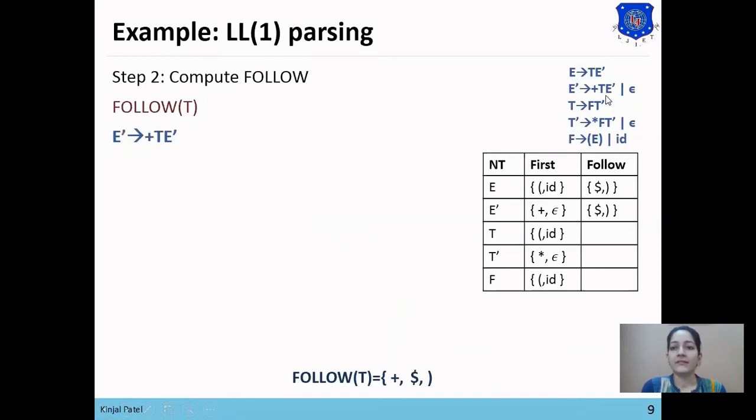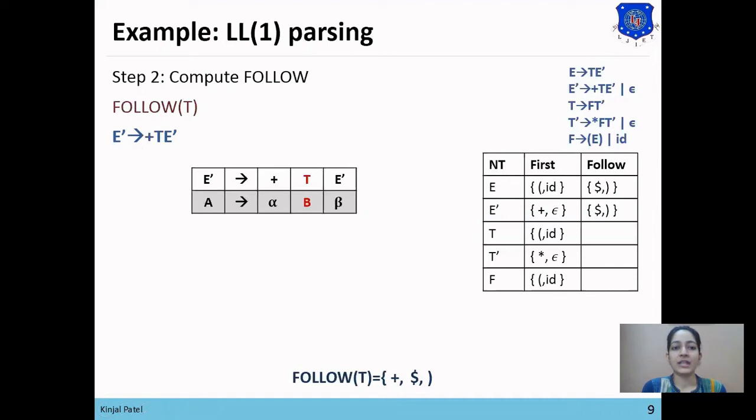Now we will check for the second statement where T is present, E dash produce plus T dash. So we'll compare this with the statement of our rule. So E dash produce plus T dash matches the statement A produce alpha B beta. So we'll apply rule number 2, which says that if beta is non-terminal, then first of beta will be added in follow of B. So our beta is E dash.